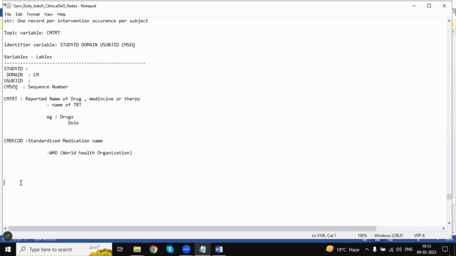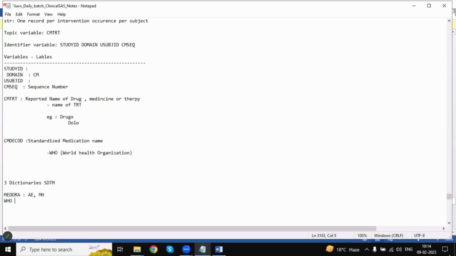So I told you, totally 3 dictionaries we are going to witness in SDTM. In SDTM, 3 dictionaries come into the picture, so remember these 3 dictionary names. One is the MedDRA dictionary; you'll see it in the AE domain, MH domain and so on.